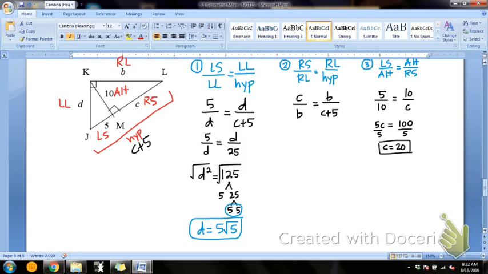Are you guys getting D to be 5 radical 5?